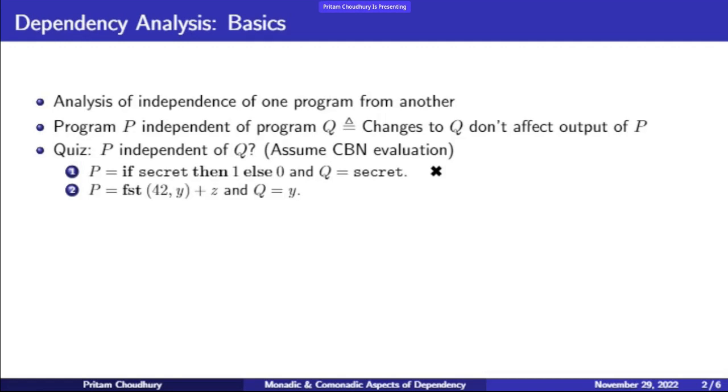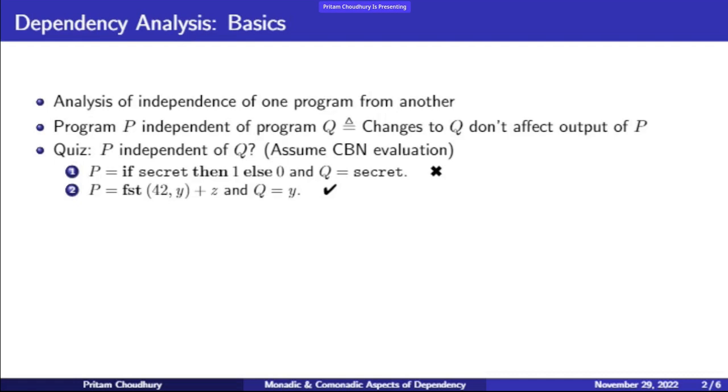Next, if P is this program, first 42 y plus z, and Q is y, then is P independent of Q? The answer is yes, because it doesn't matter what y is, the output of this program would be the same.